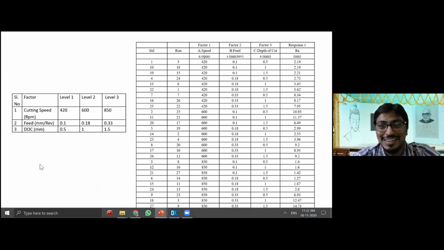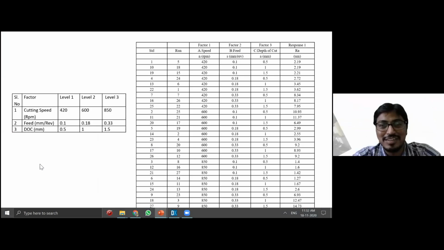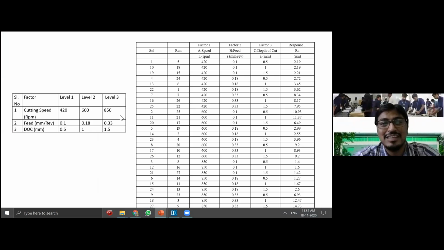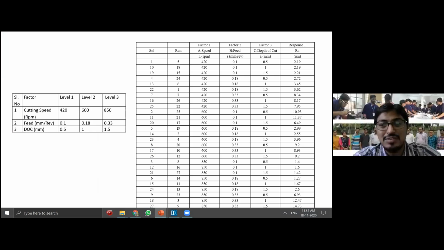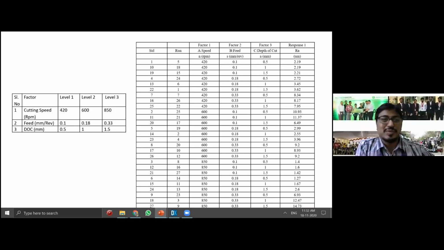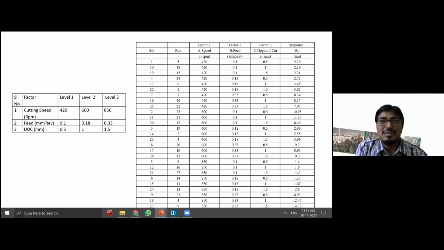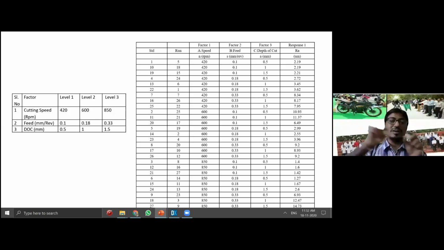A most common example where cutting speed, feed, and depth of cut are there. 3 factors and 3 levels. As I told you, 2-level factorial experiments are the most basic type of experiments, but 2 levels will never give me any good result, because if I take 2 levels, it is just 2 points joined by a straight line.